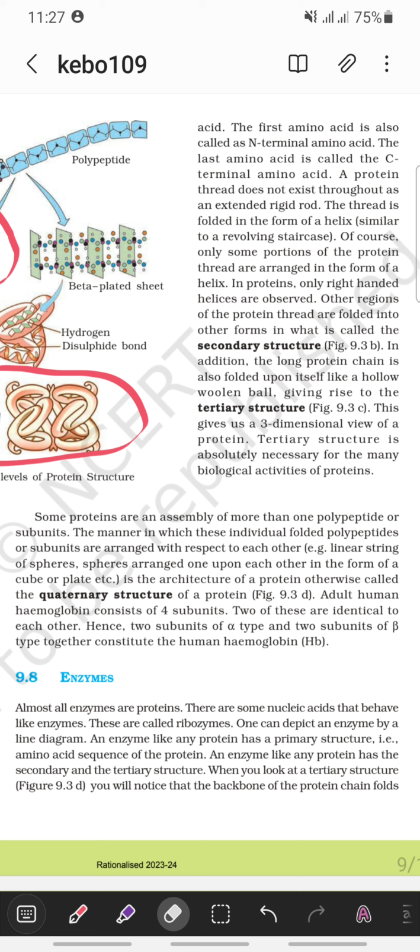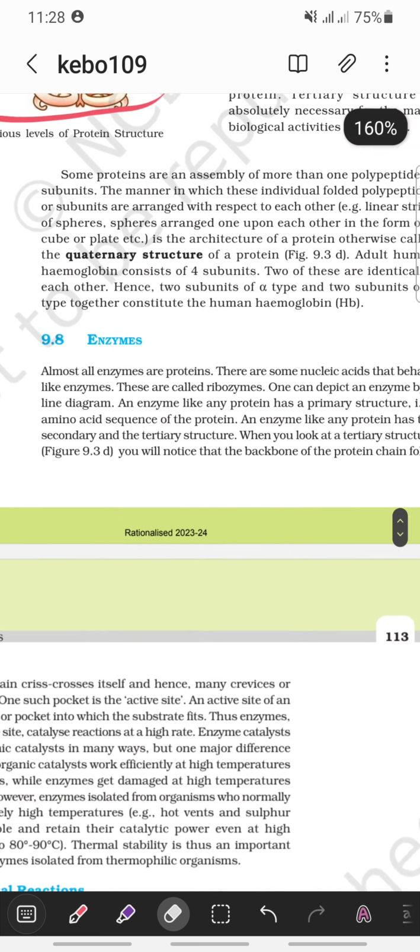Adult human hemoglobin consists of four subunits. Two of these are identical to each other, hence two subunits of alpha type and two subunits of beta type together constitute human hemoglobin.